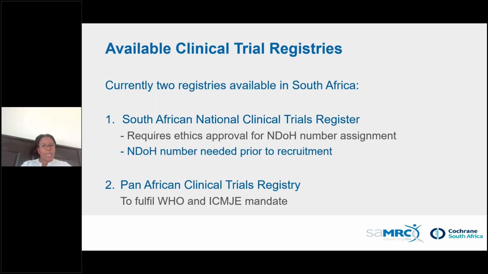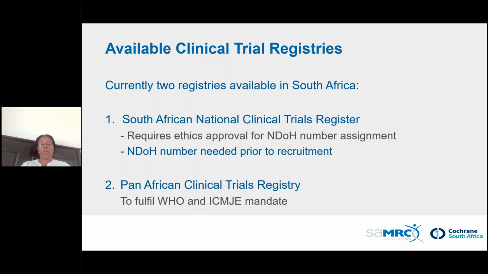So I have mentioned this before, that there are registries available, but for a South African researcher in particular, there are two registries that you can submit your trial in.